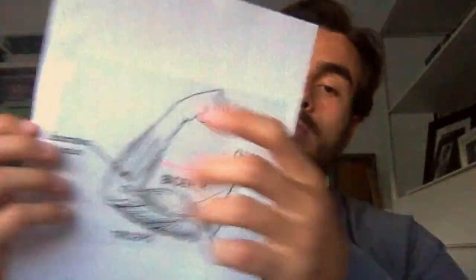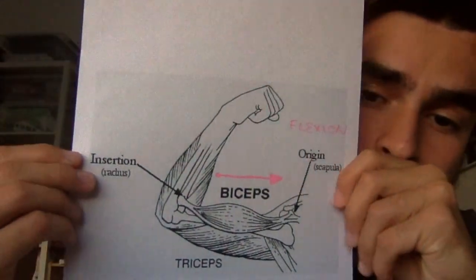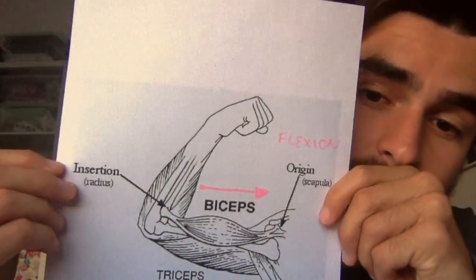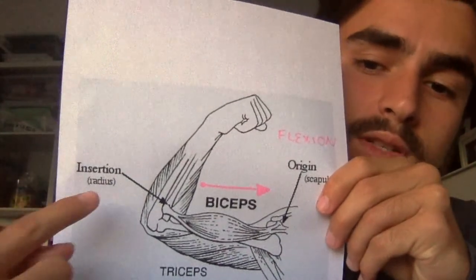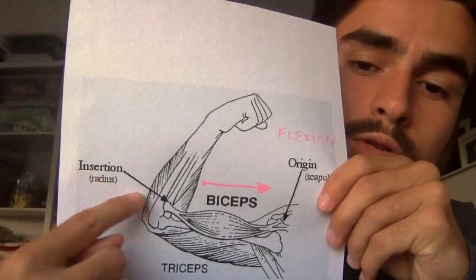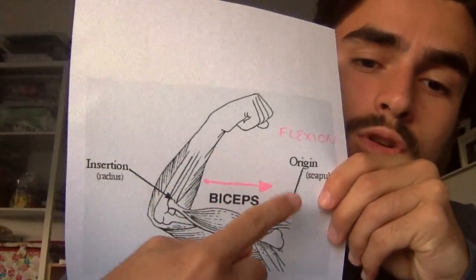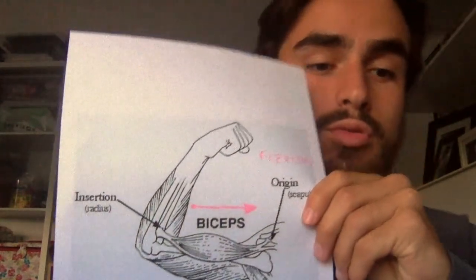Now if we take a look at this image right here, this is clearly an example of flexion, and we see that the insertion during muscle contraction moves towards the origin point, which, as we said, remains stationary. Voluntary muscles work across a joint, right? Through tendons, they are attached to bones on both sides of a joint.